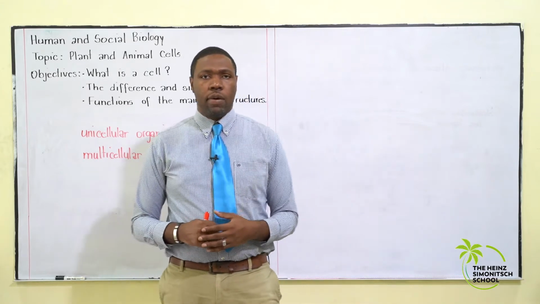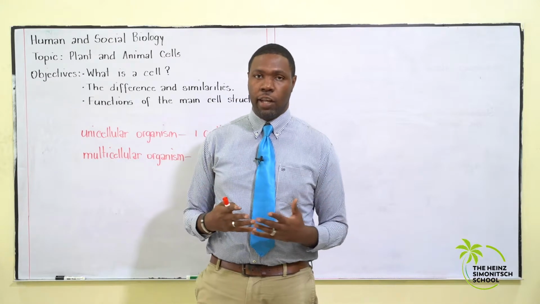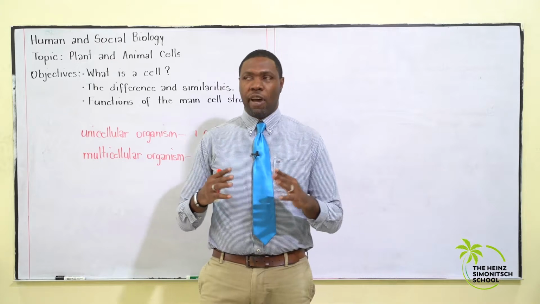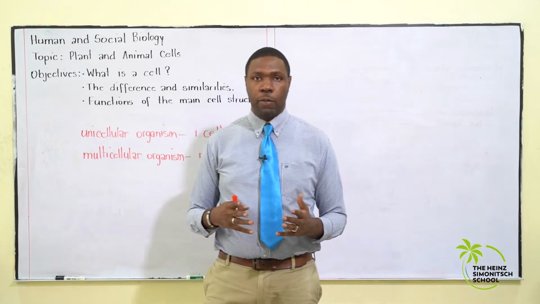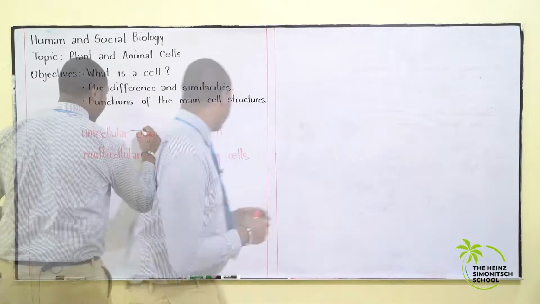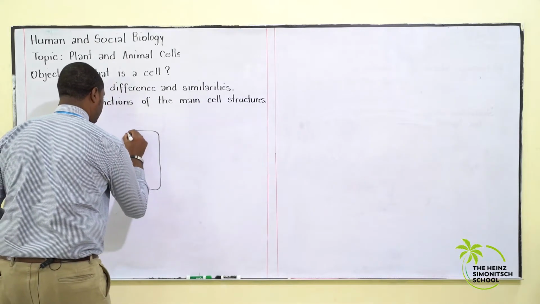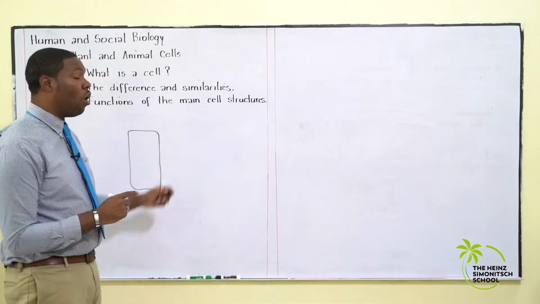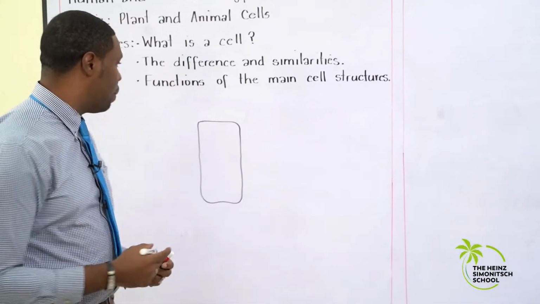Now, let's look more specifically at a plant cell and an animal cell. I'll be trying to draw this for you in real time to give you a feel of the different organelles or parts that make up a cell and their function. So let's start with the simpler one, which is the plant cell. This outer wall is called a cell wall or a cellulose wall in a plant cell.